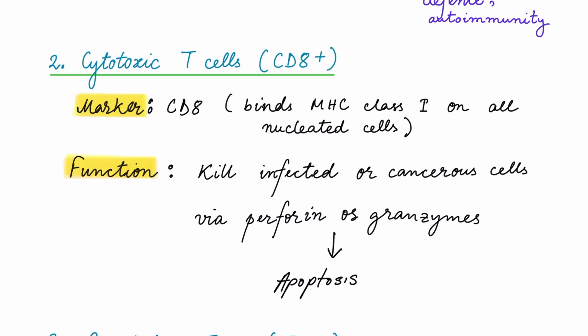They use specialized proteins such as perforin, which creates pores in the targeted cell membrane, and granzymes, which enter through these pores and trigger apoptosis or programmed cell death. This process ensures that infected cells are destroyed efficiently without causing excessive tissue damage.